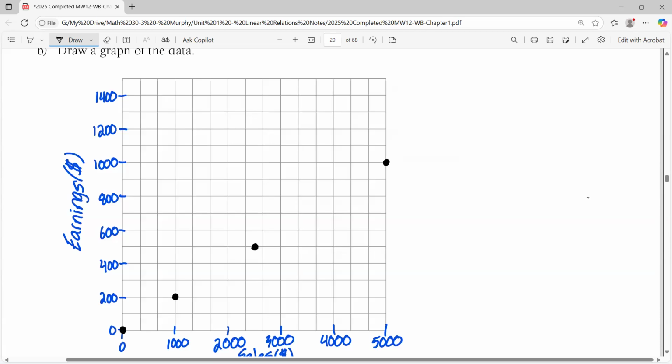Okay, and we'll use our ruler here and connect the points. You don't always need to use a ruler, just any straight edge, debit card, ID card, any of those things work. I'm just going to try that again.